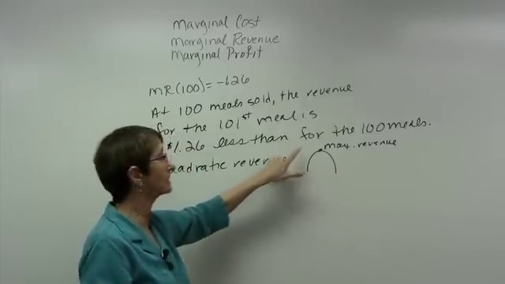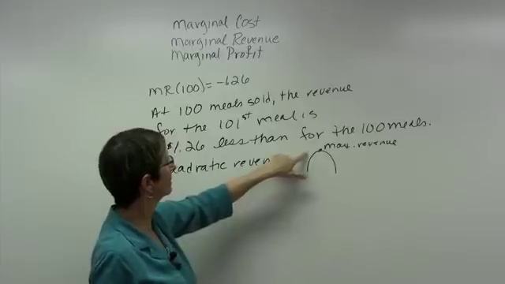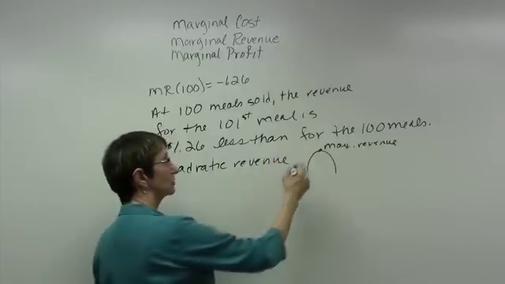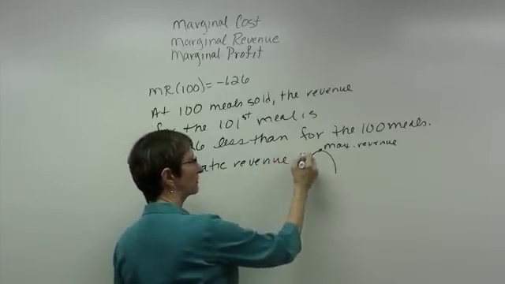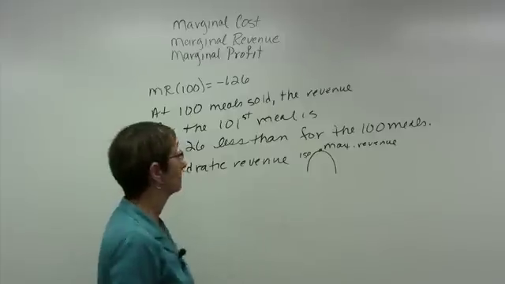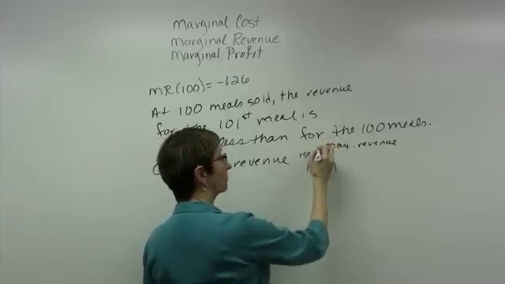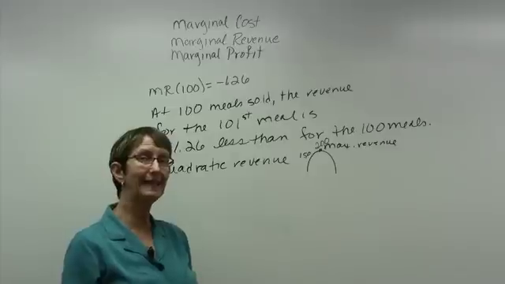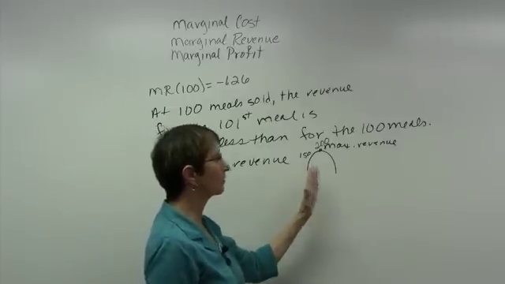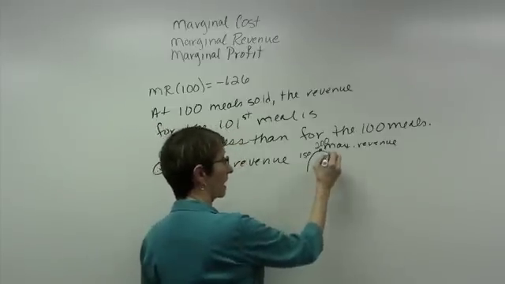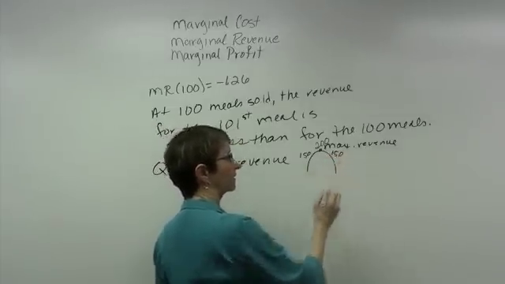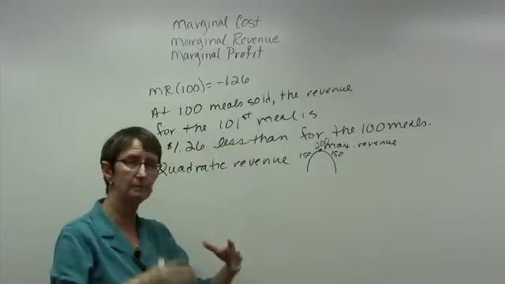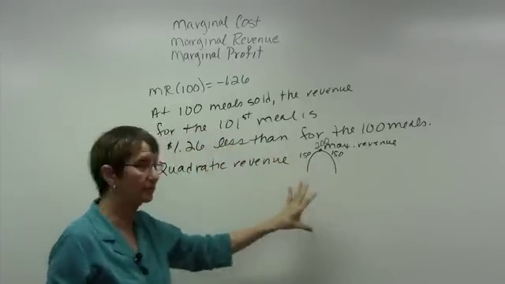Revenue is income, so it increases. Say I get up here and my revenue is $150 on this side. I get up to the top, revenue is $200. That is the maximum revenue I can get. And if I continue to sell more meals, over here my revenue might also be $150.